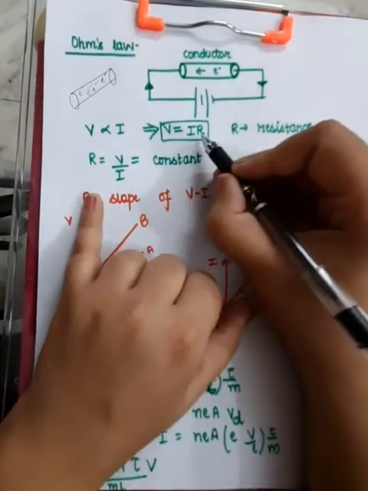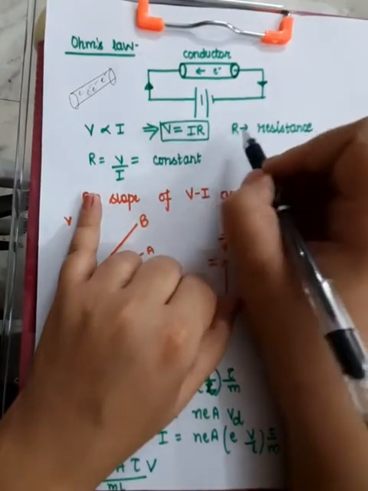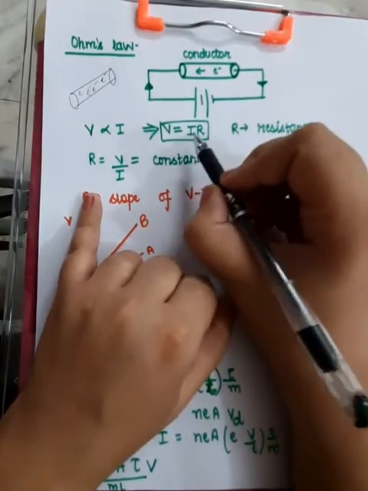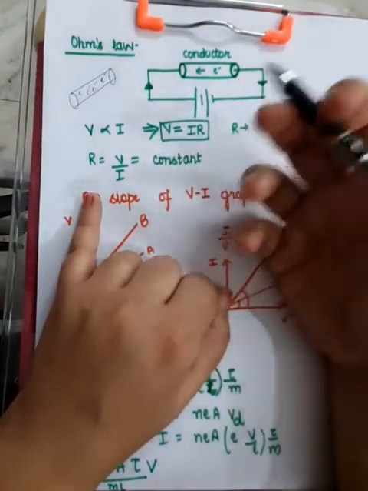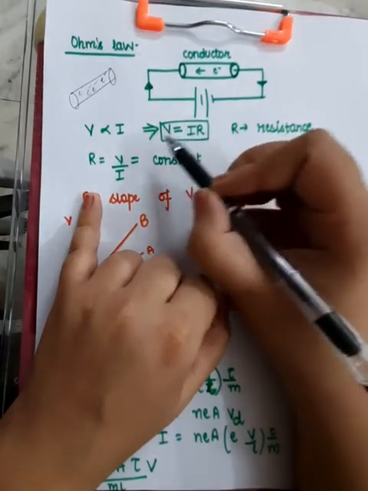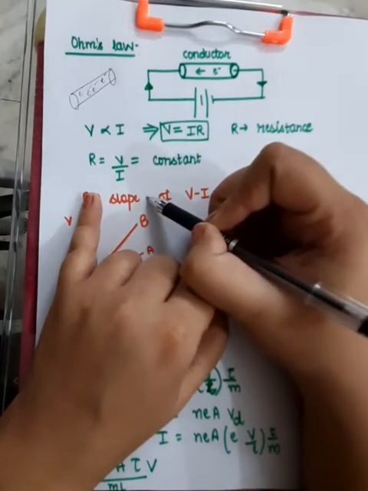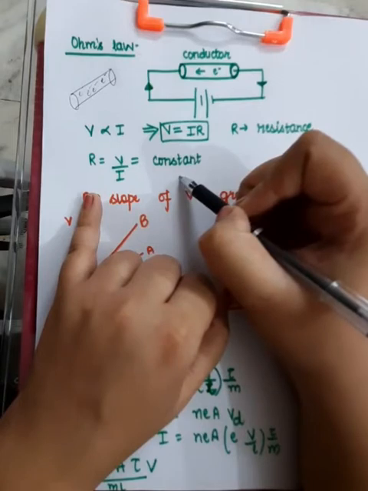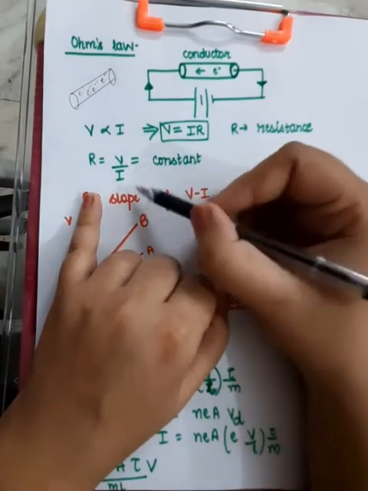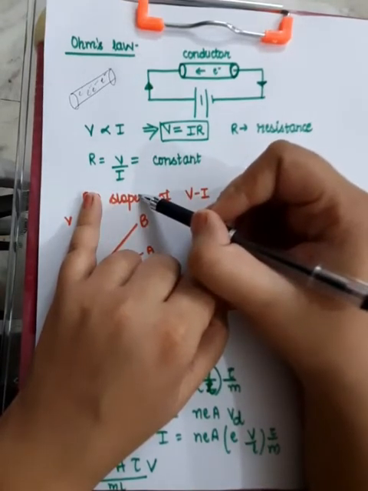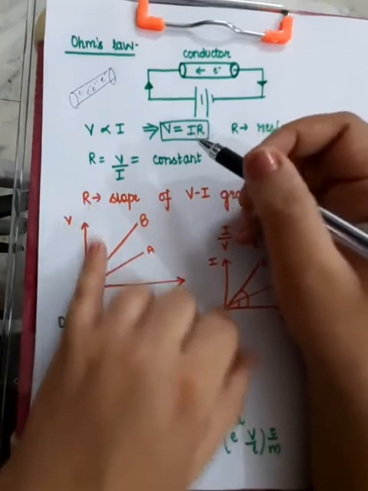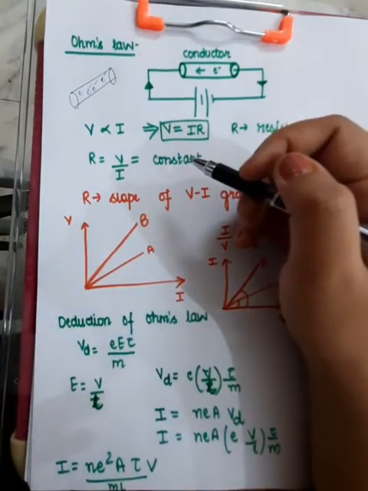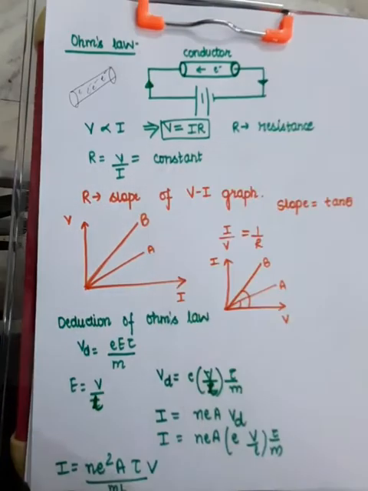And if you want to study more about resistance, just extract its mathematical form. It will be V upon I, which is a constant of proportionality. R equals V upon I. This means voltage per unit current will give you resistance.